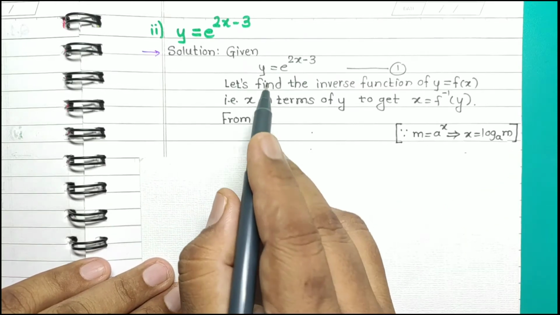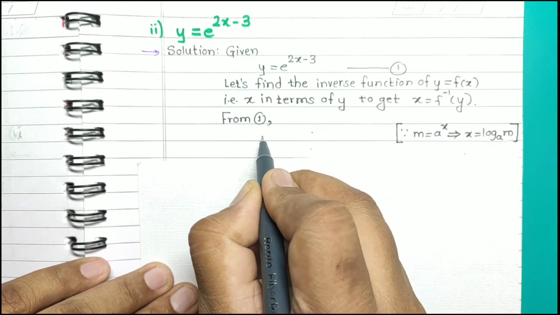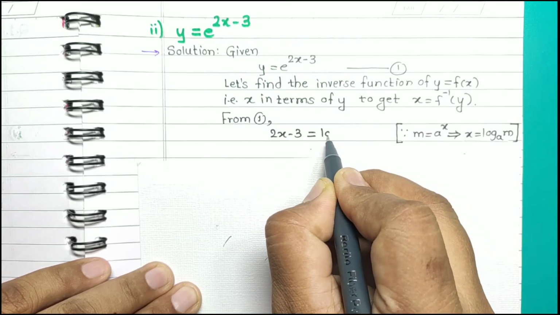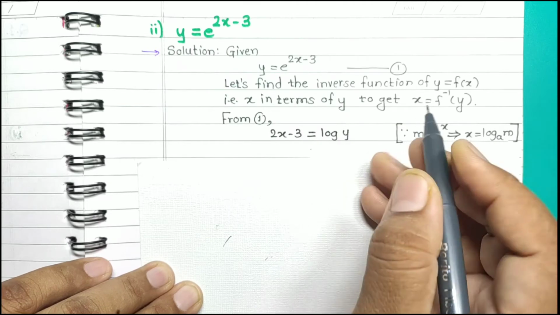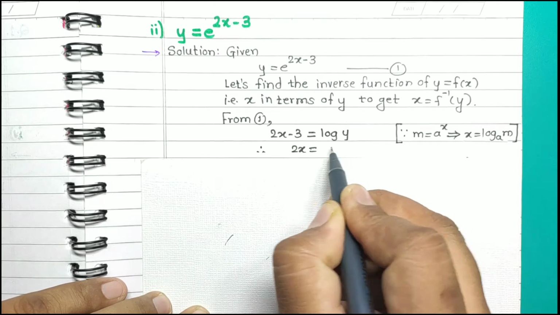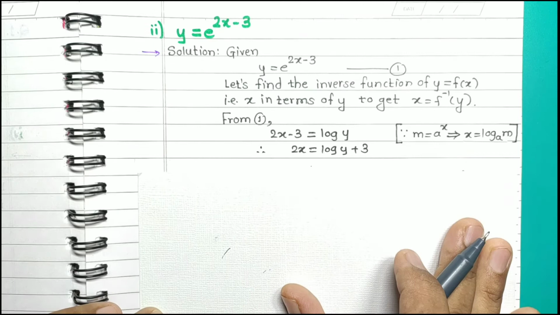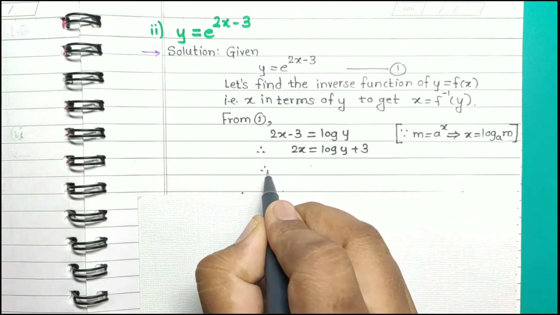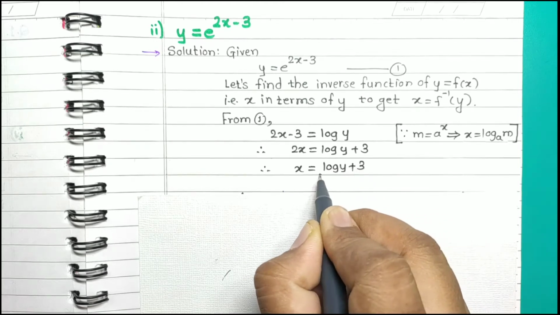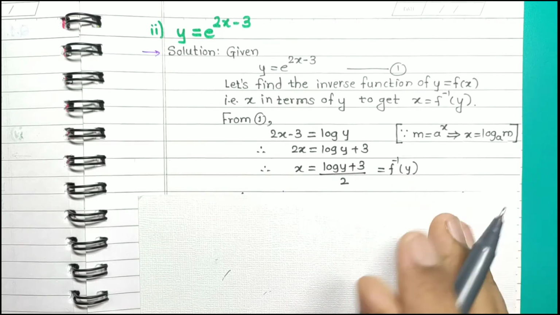So from this equation 1, we can write using these forms, 2x minus 3 is equal to log of y and base is e. Therefore 2x is equal to log y plus 3, and therefore we have x is equal to log y plus 3 upon 2, and this is nothing but inverse function of y, f inverse of y.